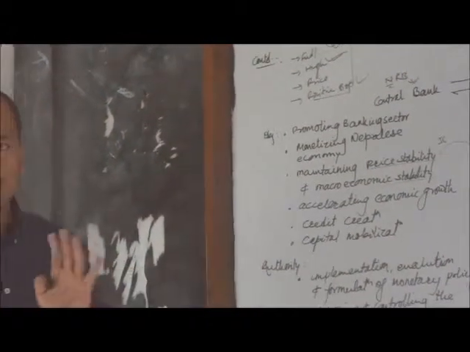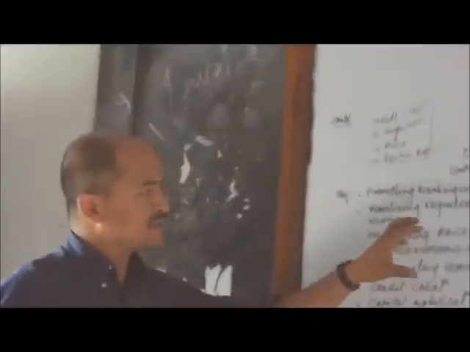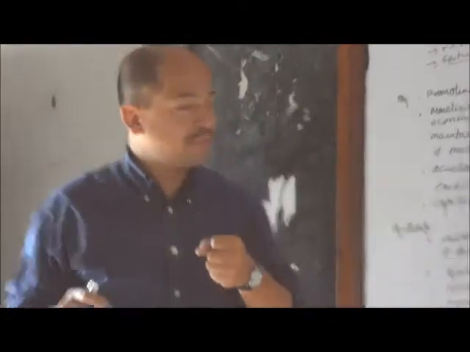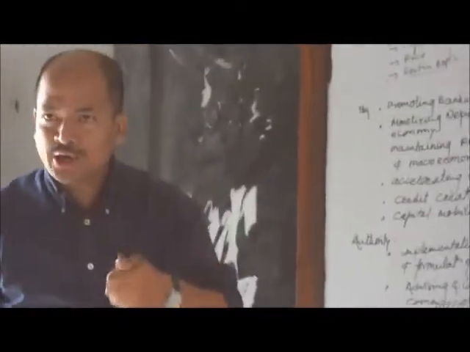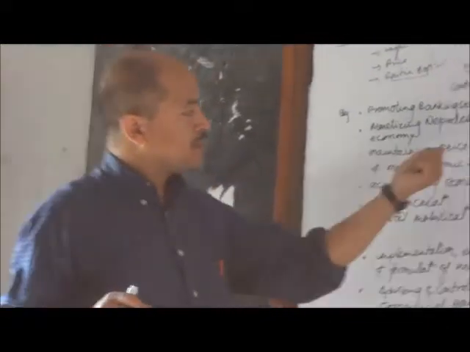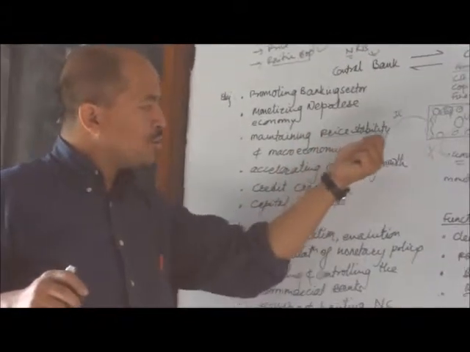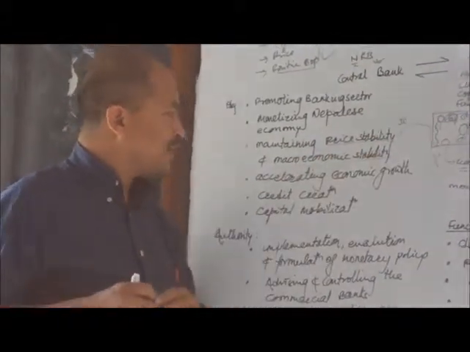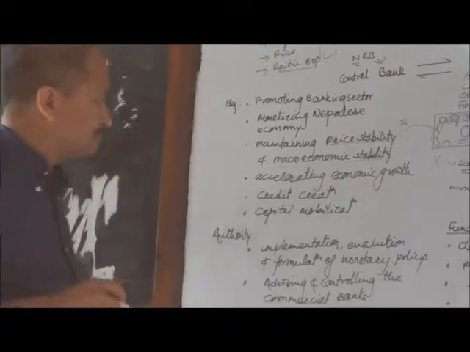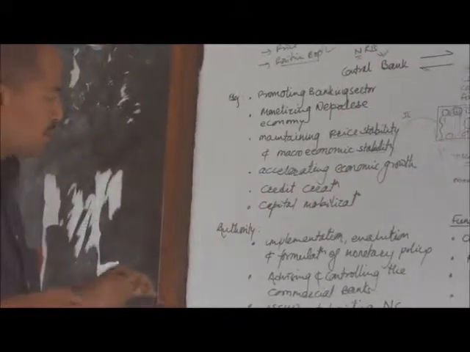And if you observe the changing of the monetary policy, its major concern is to control the quantity of money by controlling credit and the money supply, and also to achieve macroeconomic stability. And another is the economic growth rate.